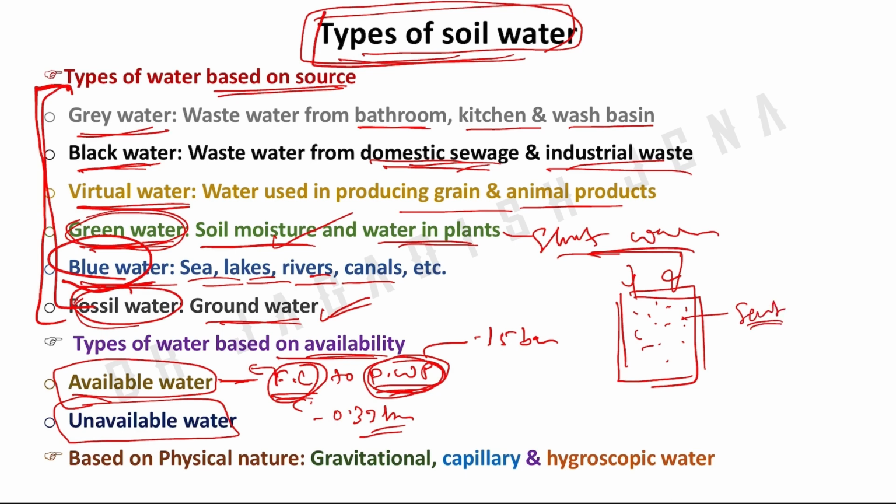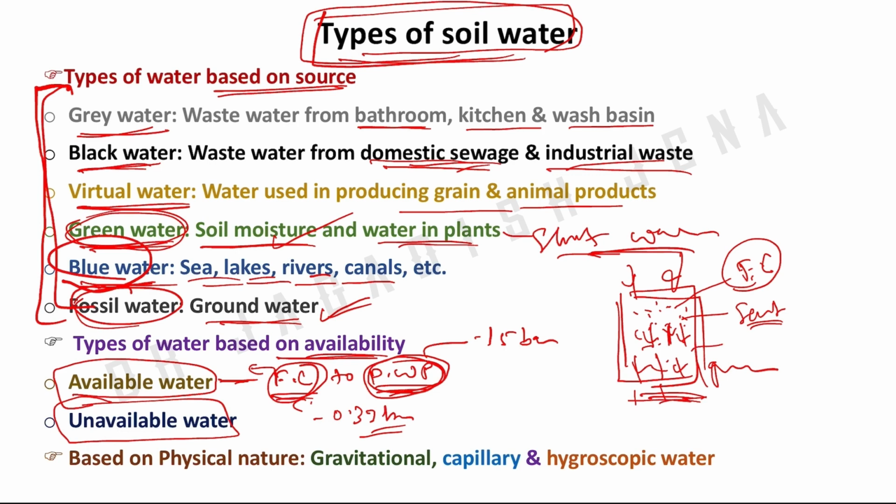At saturation, the water in the macropores and large pores drains out downward, contributing to the ground water, due to gravitational pull. When they drain out, only the micropores contain water. At that situation, when all the micropores are filled with water, that is called field capacity.